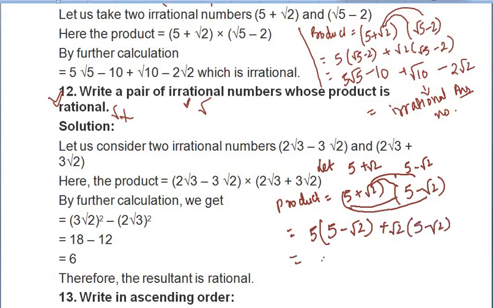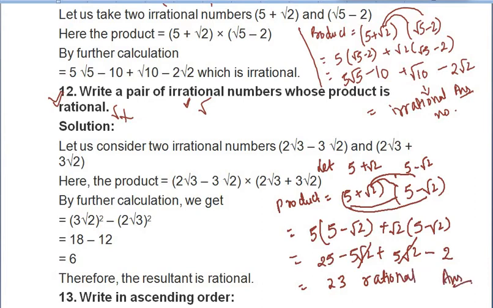It is 5 fives are 25 minus 5 under root 2 plus under root 2 into 5 will be 5 under root 2, plus into minus will be minus, under root 2 into under root 2 will be 2. Now minus 5 under root 2 and plus 5 under root 2 will get cancelled and 25 minus 2 will be 23 and this does not have any under root, that means this is a rational number. So this is the answer. It is not compulsory that whatever numbers I am taking, only those you have to take. You can also take them from your own choice.